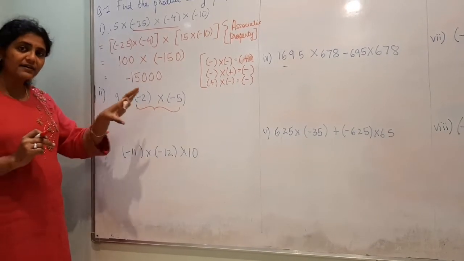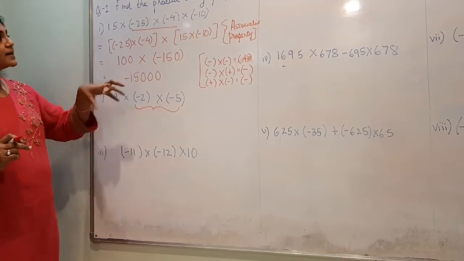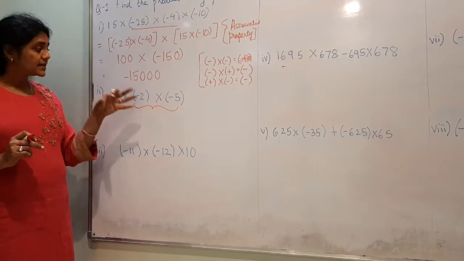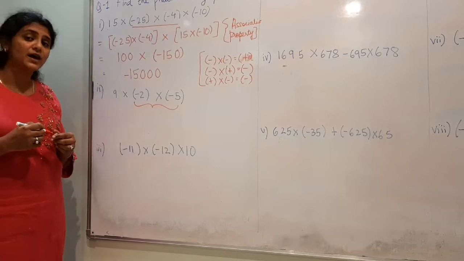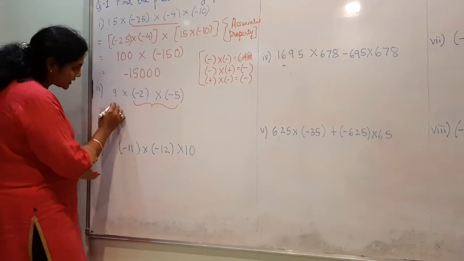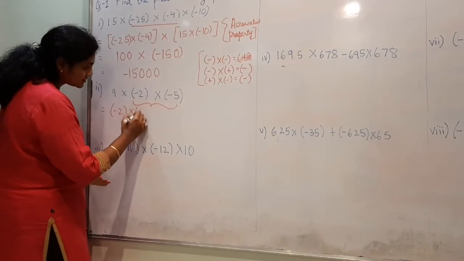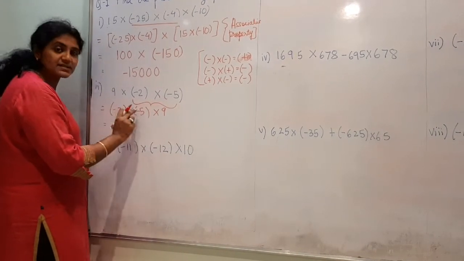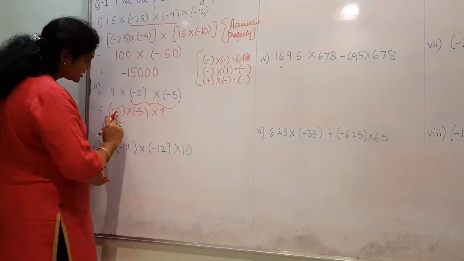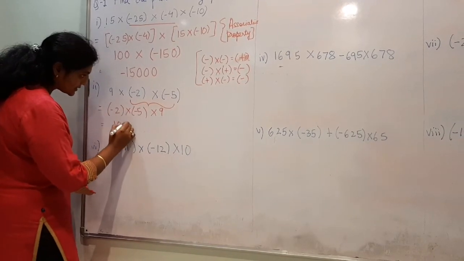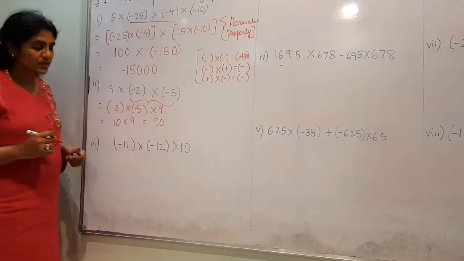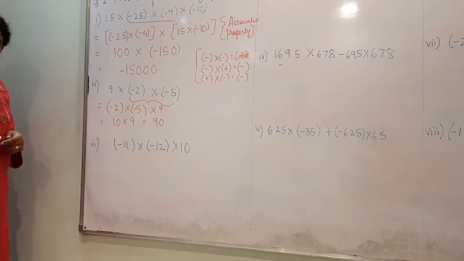So I am again rearranging so that it makes you find the product easily in a very fast way. Again minus into minus is plus, 2 into 5 is 10, 10 into 9 is 90. So your answer is 90.